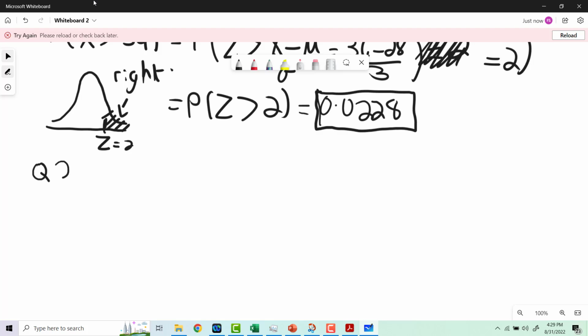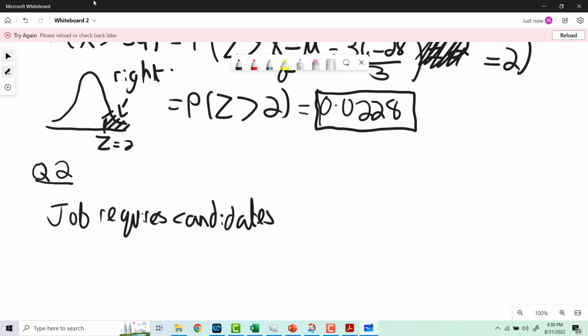But we have a particular job that requires candidates to score over 80 on a dexterity test.